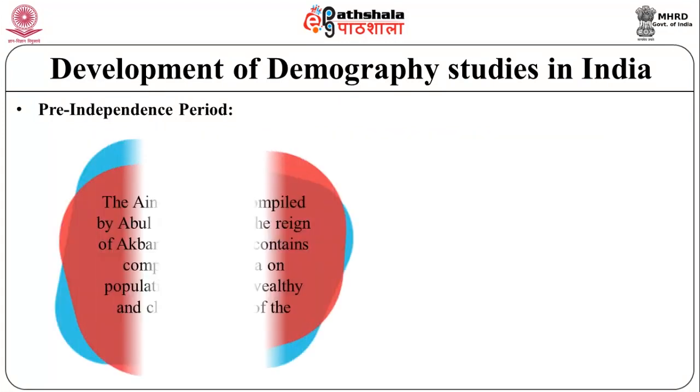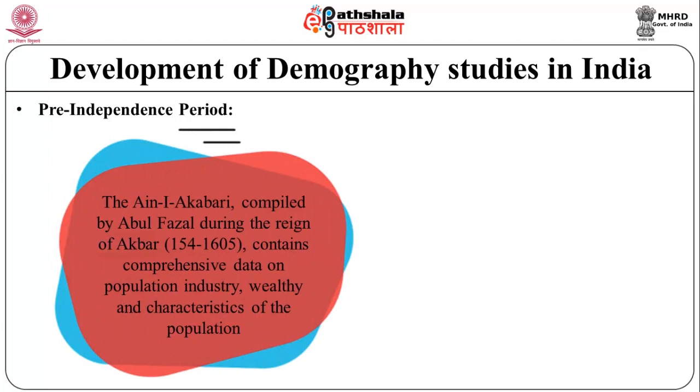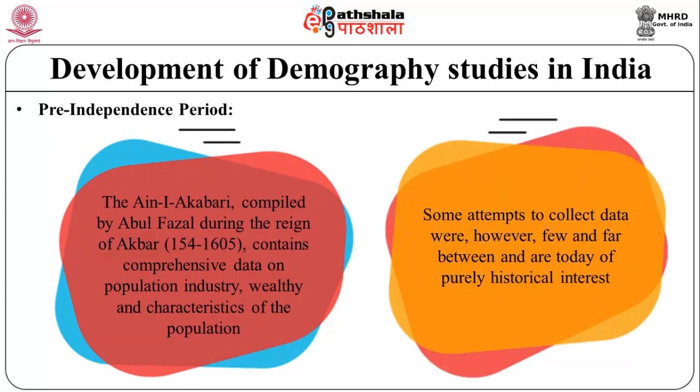(A.C. Banerjee.) The Ain-i-Akbari, compiled by Abul Fazl during the reign of Akbar, contains comprehensive data on population, industry, wealth and characteristics of the population. Some attempts to collect data were, however, few and far between and are today of purely historical interest.